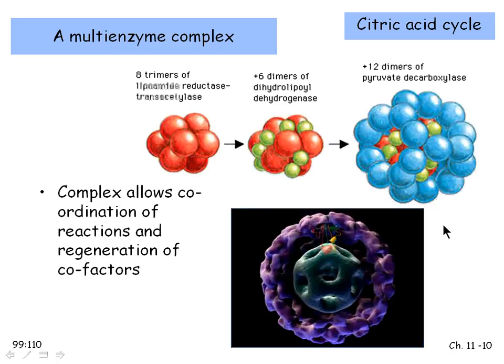And this is showing you that in a little bit more detail about how it's built. In this particular case, the lipoamide reductase is in the center. You have additional polypeptides on there for the dihydrolipoyl dehydrogenase, and then sort of coating the outside, the pyruvate decarboxylase that catalyzes the first step in the whole reaction.